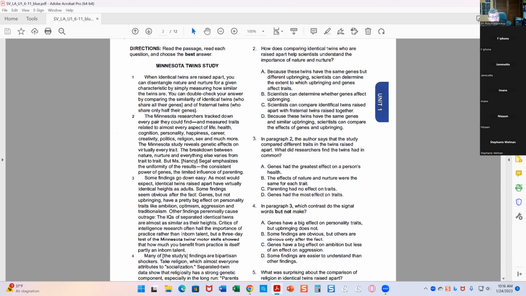Effects of nature and nurture were the same. Parenting had no effect, or genes had the most effect. And look at the last sentence of paragraph 2.